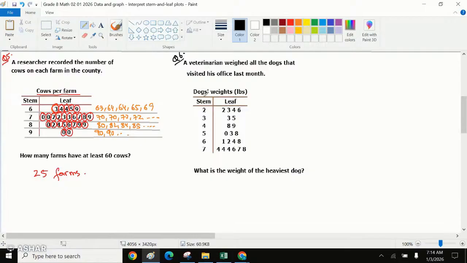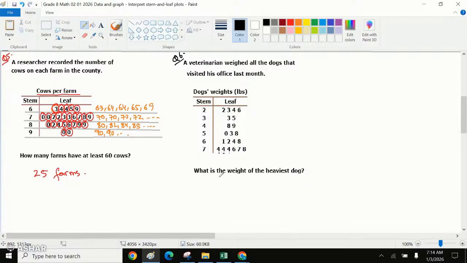The stem and leaf is showing the weight of the dogs. There were 2 dogs which had a weight of 22 pounds, right? See, 22 pounds, one dog, 23 pounds, one dog, 24 pounds, one dog, 26 pounds, one dog, 33 pounds, one dog, 35 pounds, and so on. 74, we can see a repetition over here.